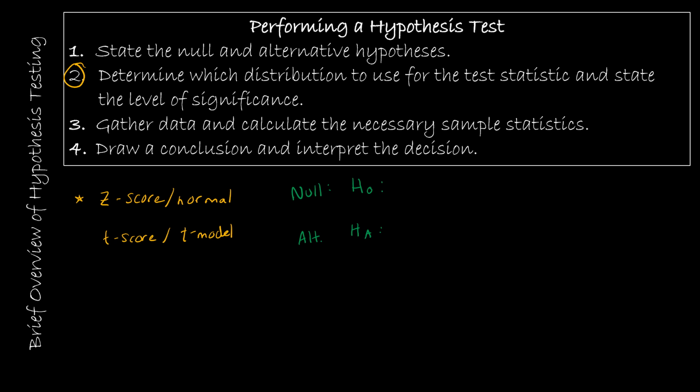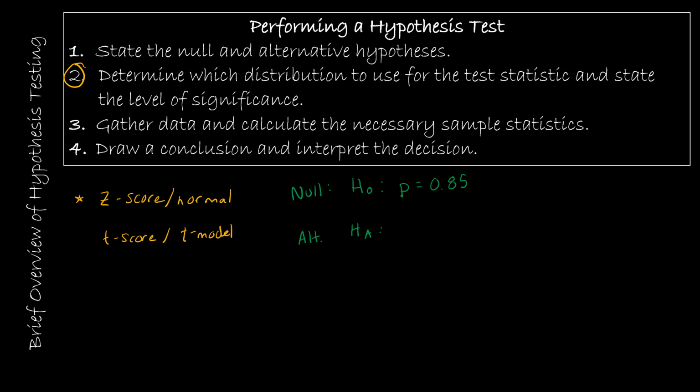It assumes that everything is the same as it always has been. If I always have about 85% of students pass my class, then that's going to be my null hypothesis, that 0.85 or 85% of students are still going to pass my class no matter what.